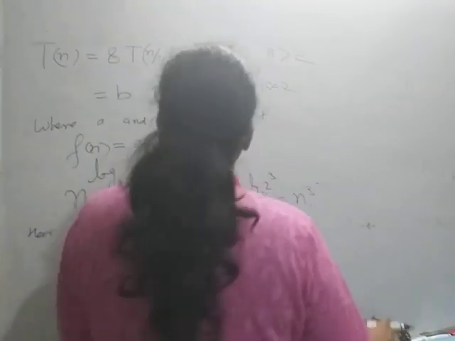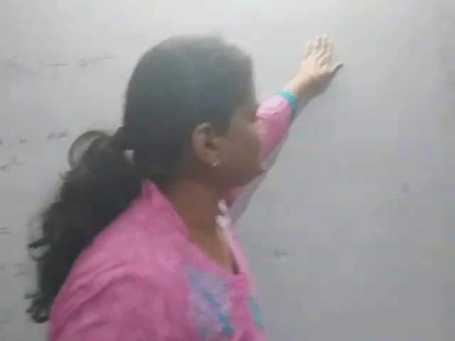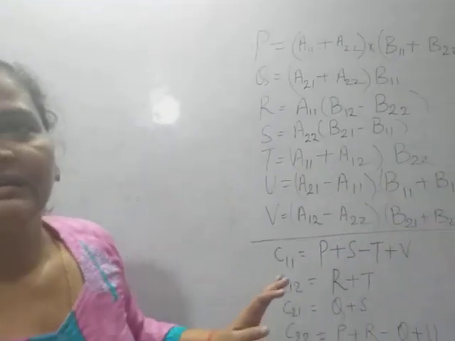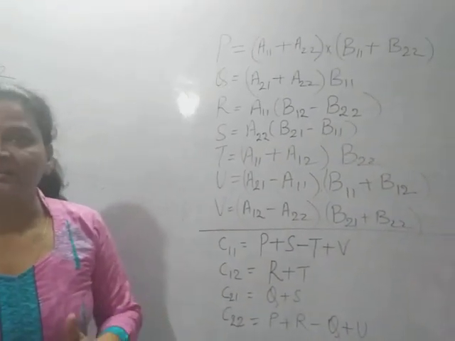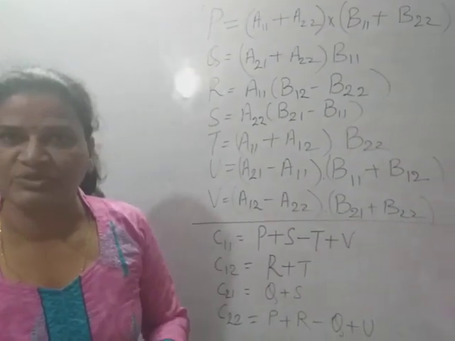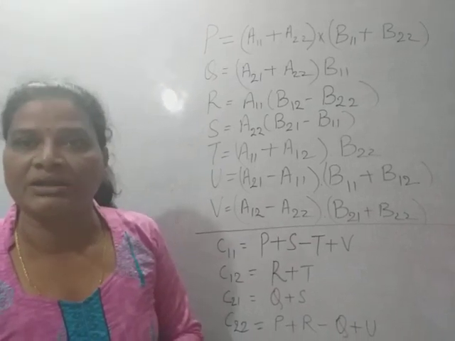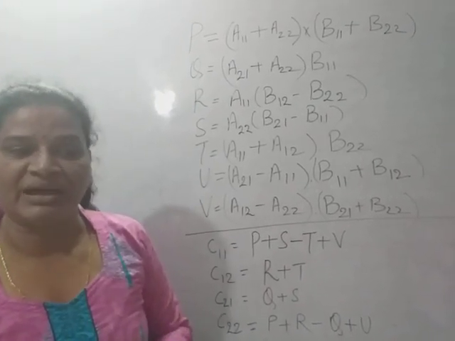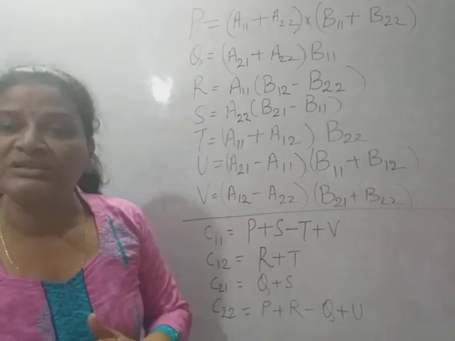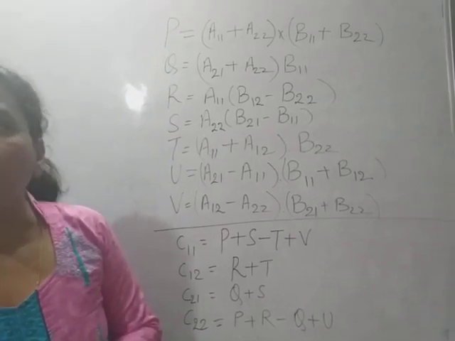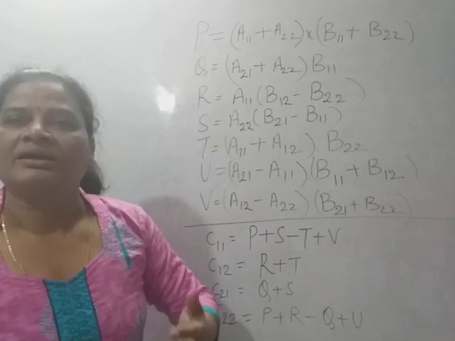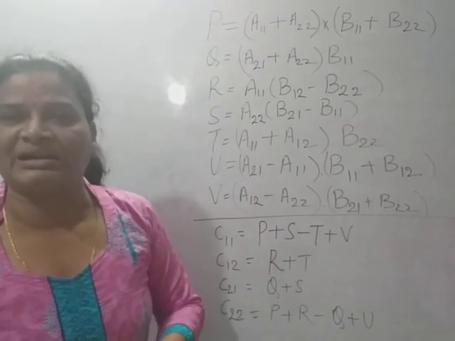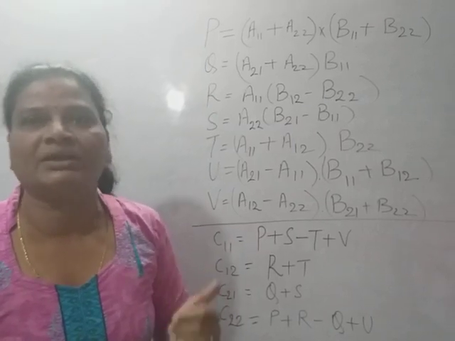Okay, so simply see this, what is the Strassen matrix multiplication concept. Simply here again the matrices are A and B. We suppose that the A and B matrices are of order n cross n. So first the matrices are to be divided into 4 sub matrices of order n by 2 cross n by 2, and again we go on dividing the matrices into 4 sub matrices until we get the matrix of order 2.